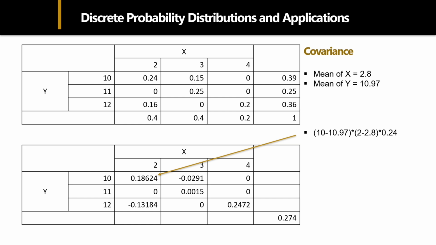That comes from taking the y value of 10, subtracting the expectation of y from that, multiplying that by 2, since that's the outcome of x, subtract that expectation of x, which is 2.8, and then multiply that by the joint probability of 0.24. And that's what ends up in that cell. As you can see, you can add all of these together, and in the very last row and column intersection, we have a covariance of 0.274.